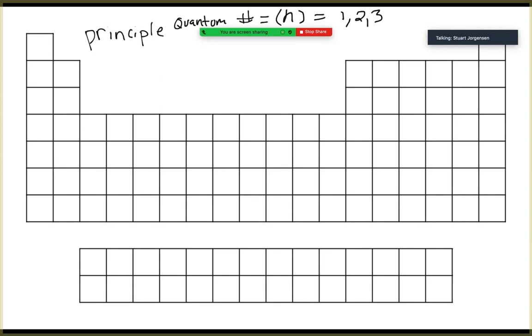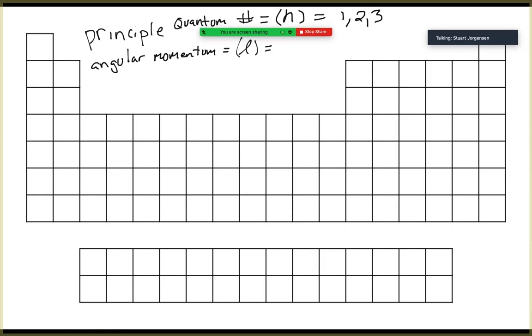Our second address piece, we're going to call our angular momentum. Angular momentum is given the symbol l. And this is really referring to the sublevel or the shape with which we're going to describe the location of our electrons.